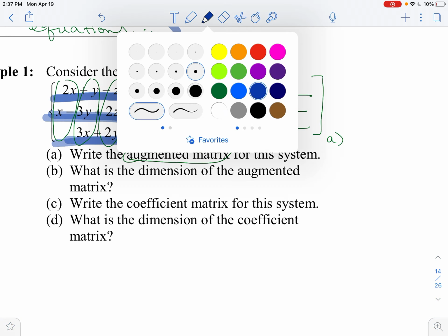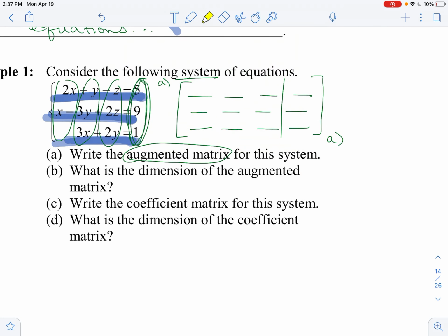So we see here that there are these coefficients of 2, 1, -1, 1, -3, 2, 0, 3, and 2. So we're going to write those down. 2x, 1y, -1z, constant of 5. 1x, -3y, 2z, constant of 9.